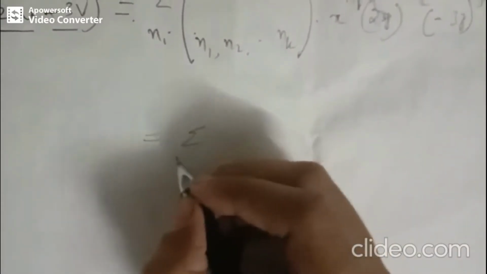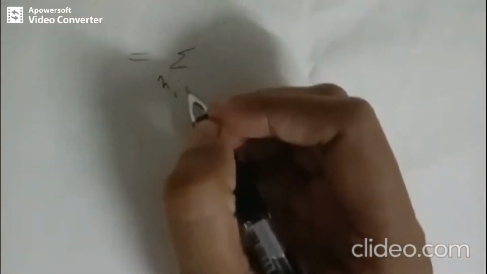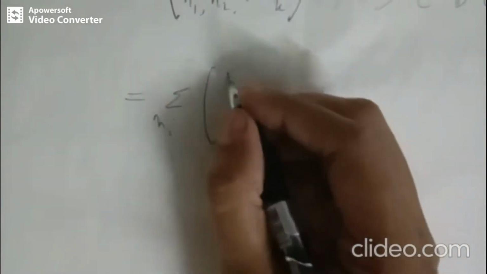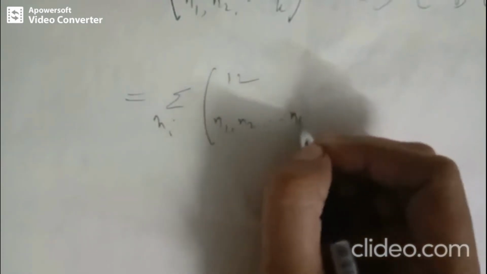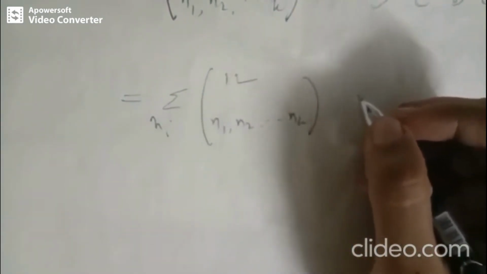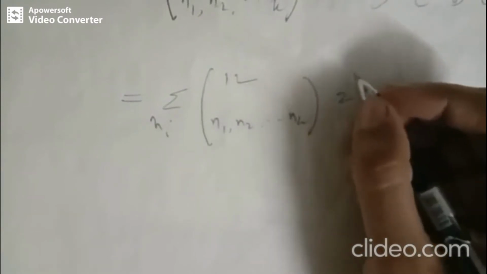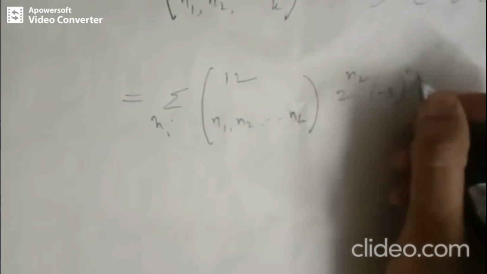Okay, let's simplify this term. So this is nothing but summation of ni into 12. Let me write them as it is, n1, n2, so on nk, into, so let's write the coefficients first. So 2 raised to n2 we get, and minus 3 raised to n3, 2 raised to n4, 3 raised to n5.